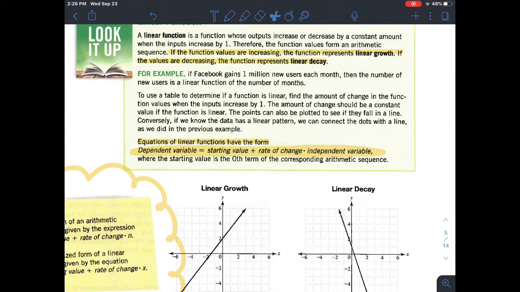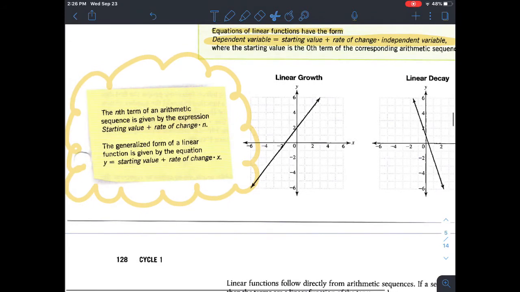Kind of y equals mx plus b, except in this case it's y equals b plus mx, but same kind of deal where your independent variable and your dependent variable are both letters, usually x and y. Your starting value is your y-intercept, your rate of change is typically your slope.